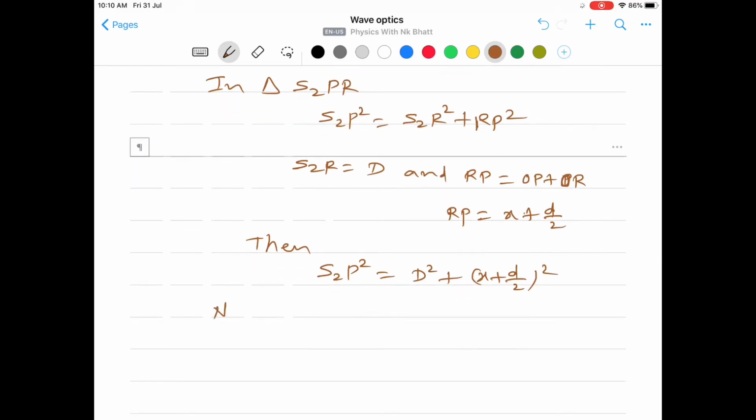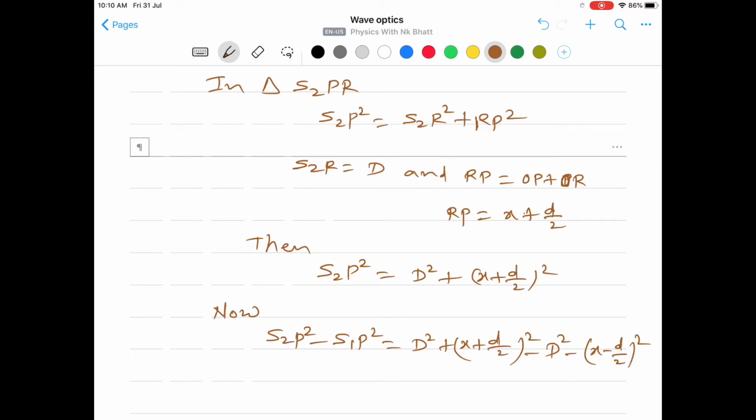Now S2P square minus S1P square would be D square plus (x plus d by 2) square minus D square minus (x minus d by 2) square.